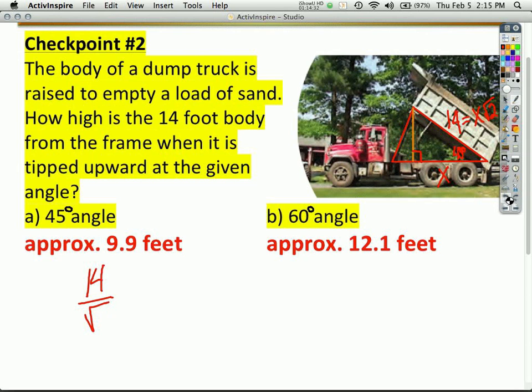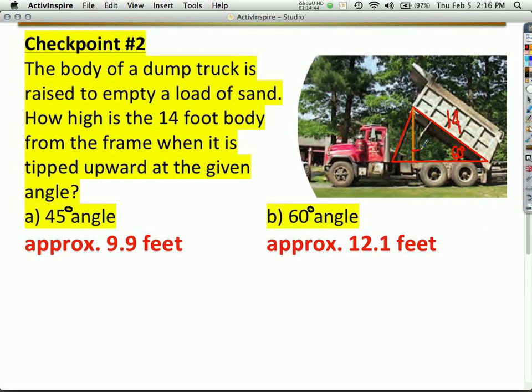But now let me back up. Now take the exact same picture, but instead of saying that's going to be 45, now let's pretend that that's a 60-degree angle. This is still 90 degrees, but now this is 30. This is still 14. Now we need the relationship that comes out of the 30-60-90 triangle theorem, which says that the short leg, and my drawing is not good because it's misleading. This looks like it's bigger than this one, but it's supposed to be the opposite.